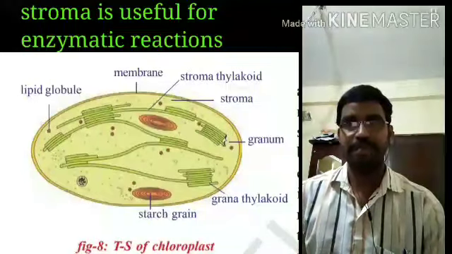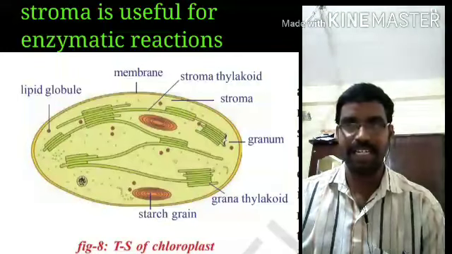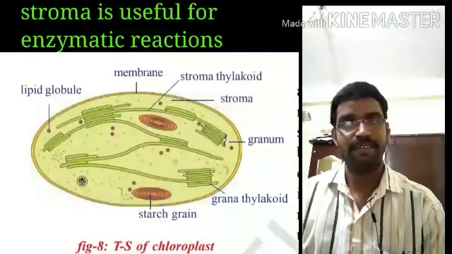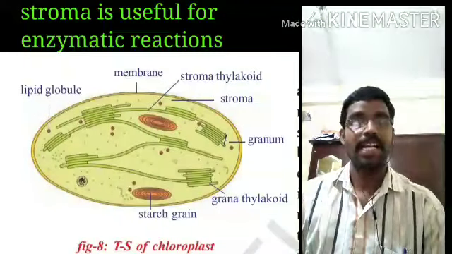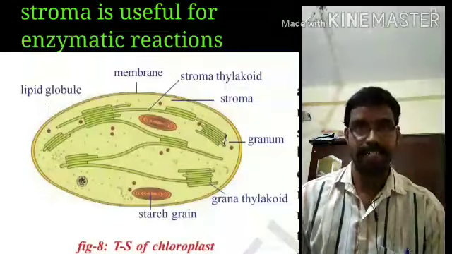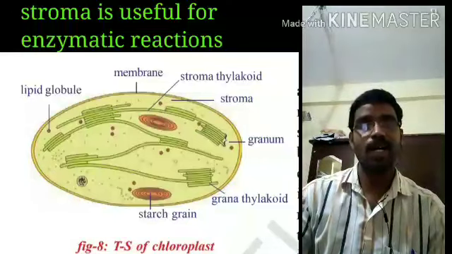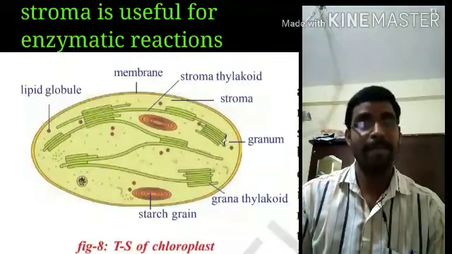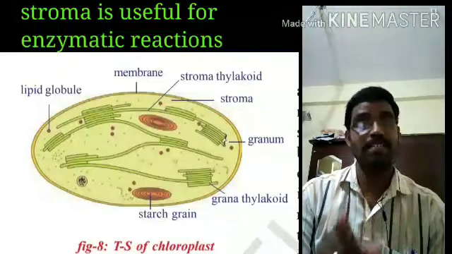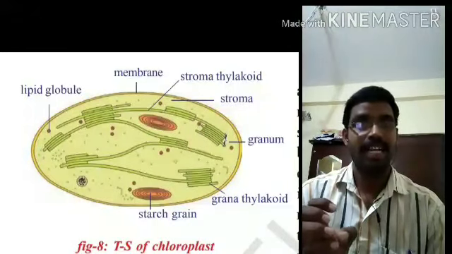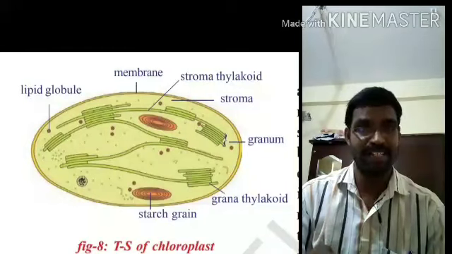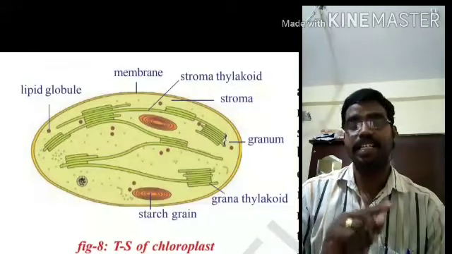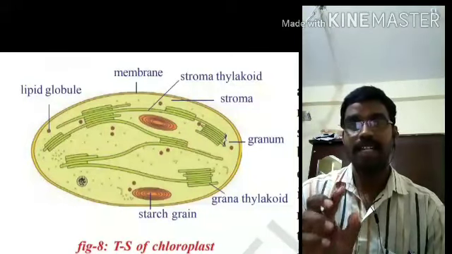It is believed to be responsible for the enzyme reactions leading to the synthesis of glucose, also called light reactions and dark reactions. Light reactions occur in the granum. Why? Because the granum is responsible for trapping of sunlight, and the stroma is responsible for enzyme reactions. So it is responsible for the dark reaction.